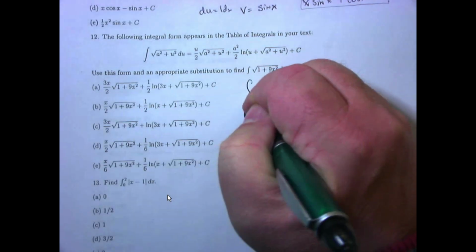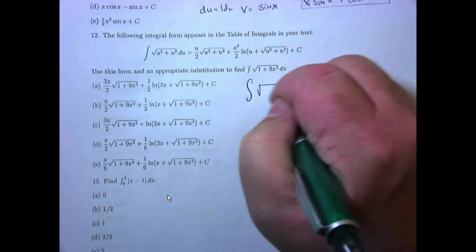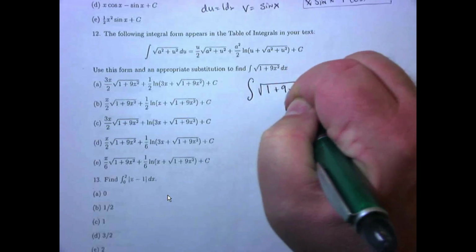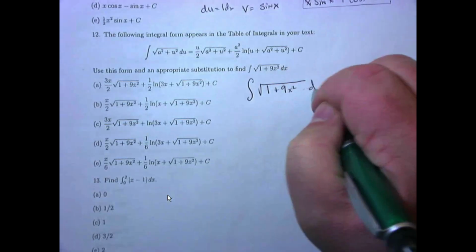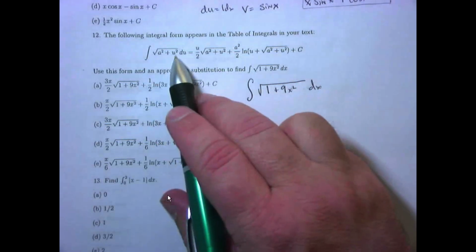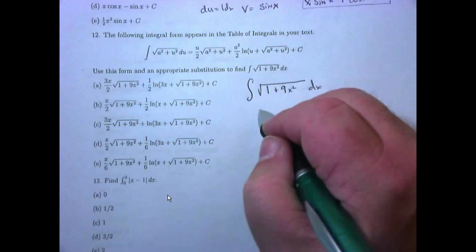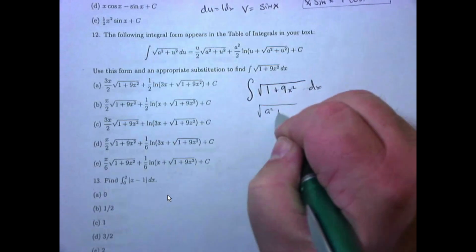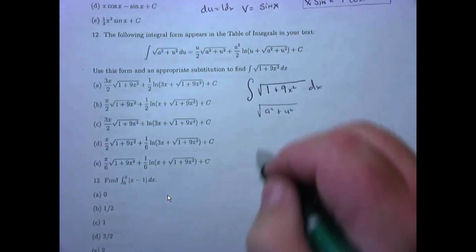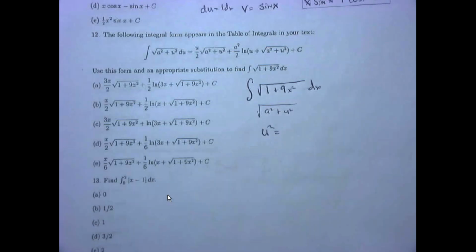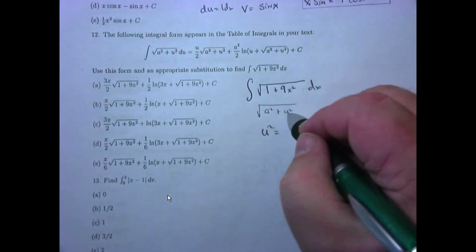So, my problem is, what is the integral of the square root of 1 plus 9x squared dx? This looks like integrals of the form a squared plus u squared, right? So this is the square root of a squared plus u squared. So this is where I start. What is u squared going to have to be equal to in this problem?